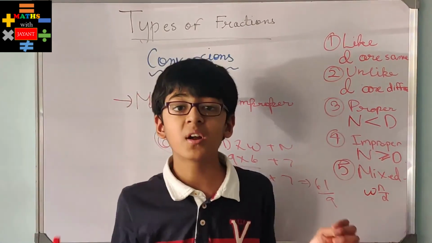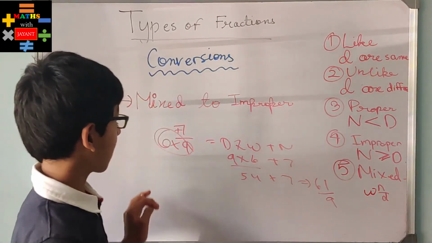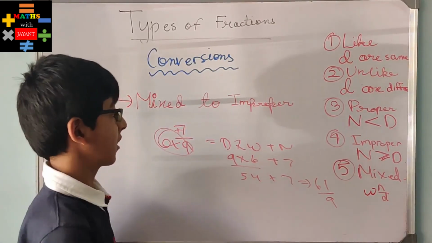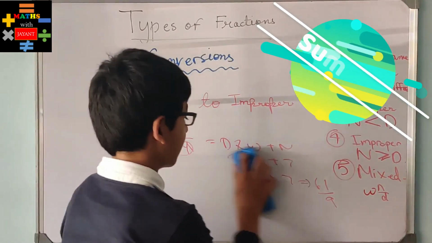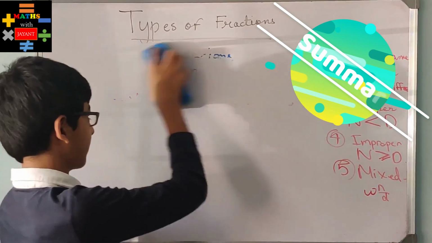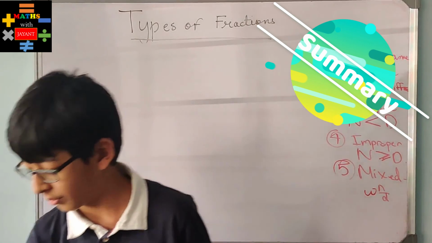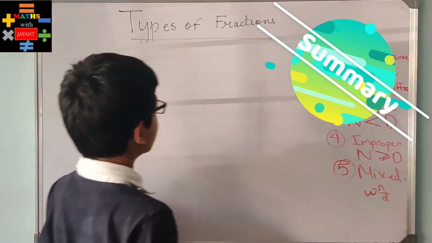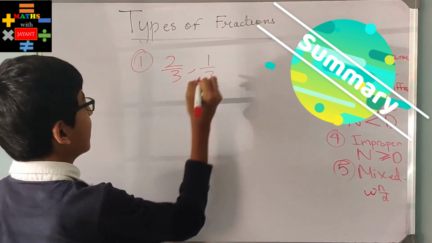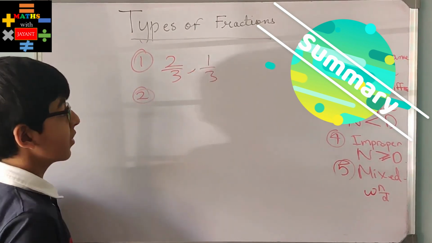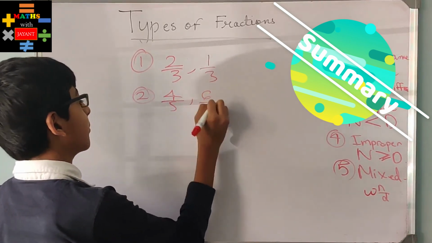So, like this we are done with our conversions. Hope you understood the types of fractions and these basic conversions. Let us just recap all of them once. Today in this video we learned 5 types of fractions. We have like fractions, whose denominators are the same, like 2 by 3 and 1 by 3. The second type was unlike fractions, where the denominators are different, like 4 by 5 and 6 by 9.